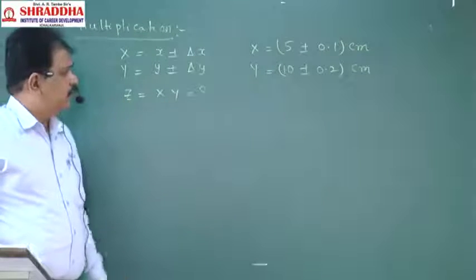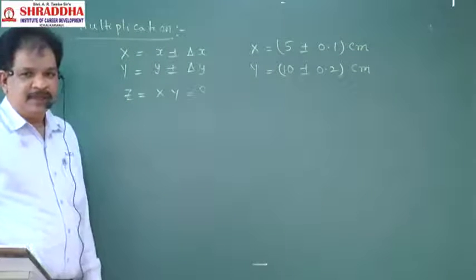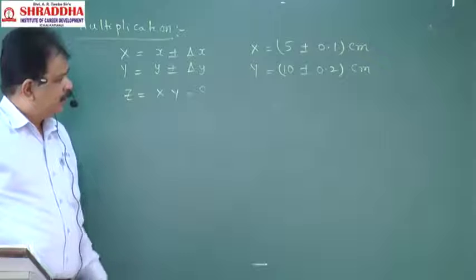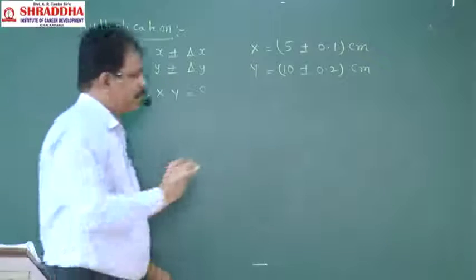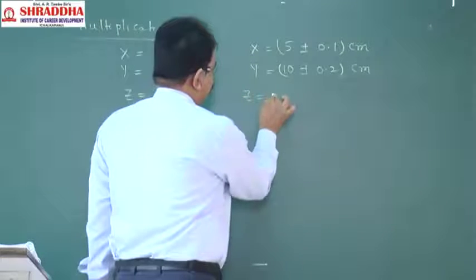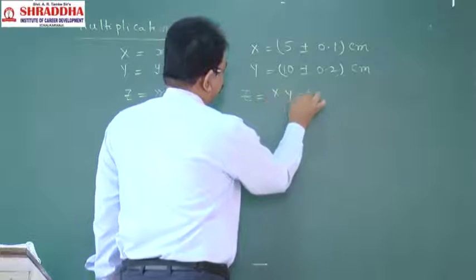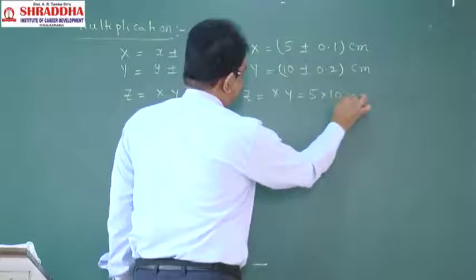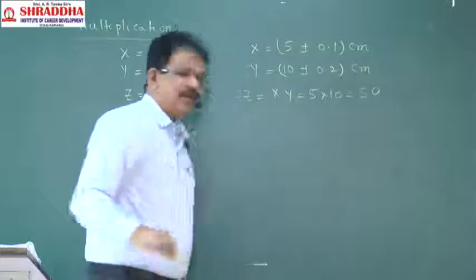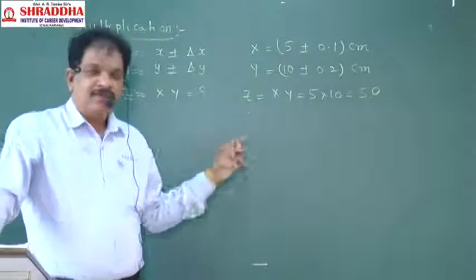Find z value. z is equal to xy. z we can easily measure: 5 into 10, this is equal to 50. Simply we can do that.